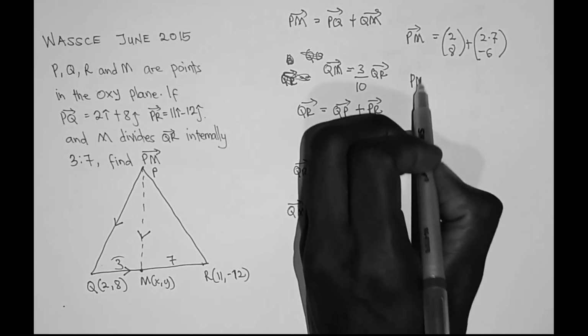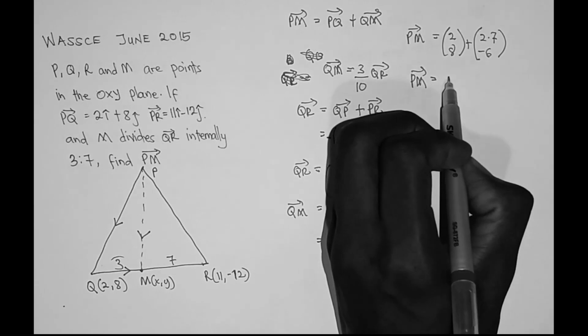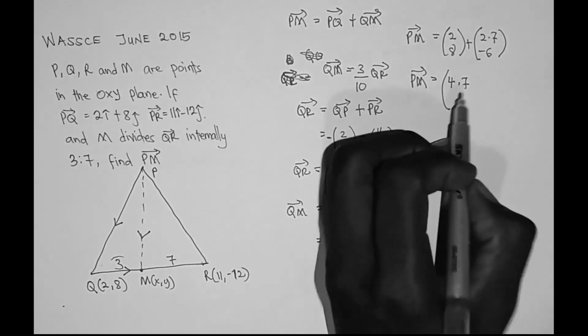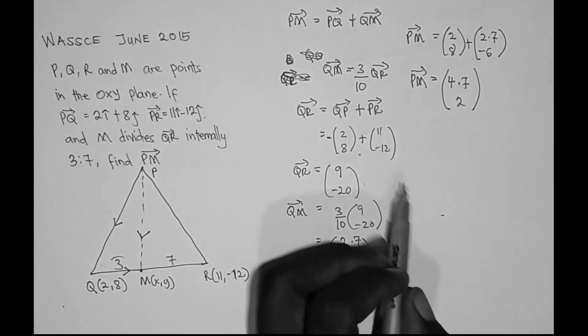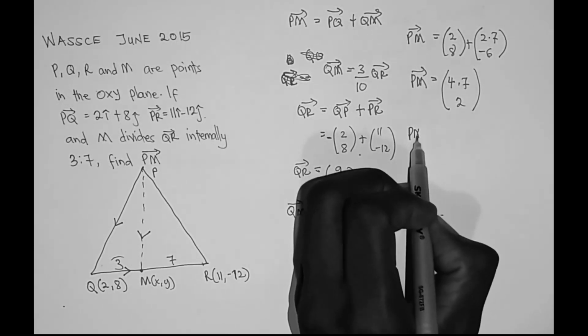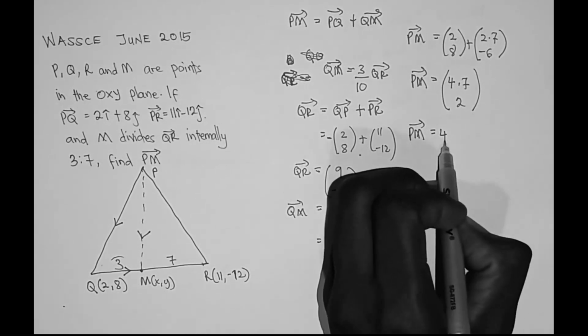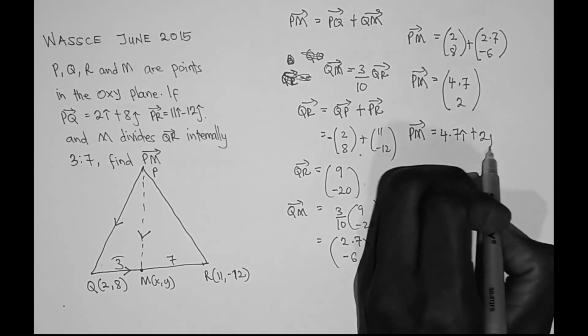So PM is equal to 2 plus 2.7 is 4.7, and then 8 minus 6 is 2. So the vector PM in terms of I and J is equal to 4.7I plus 2J.